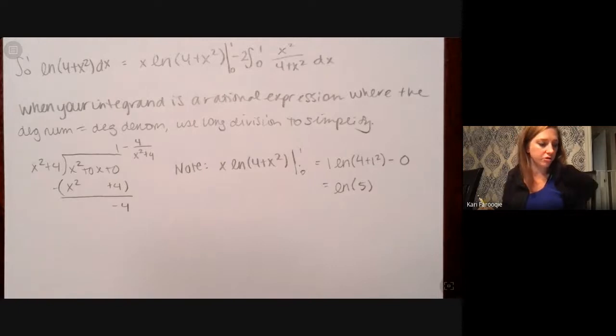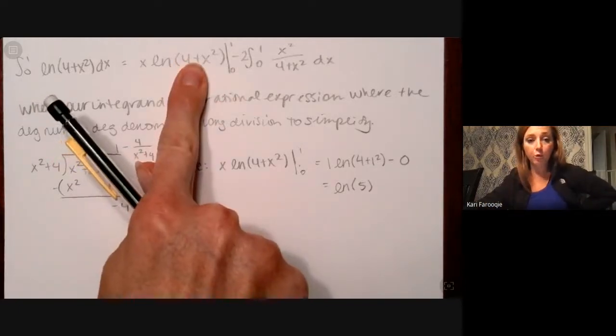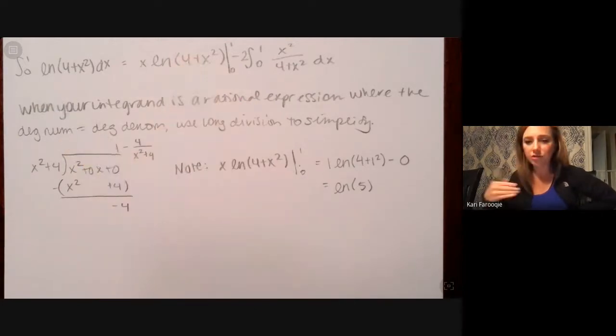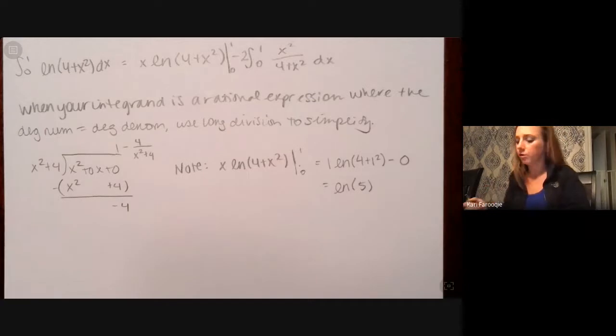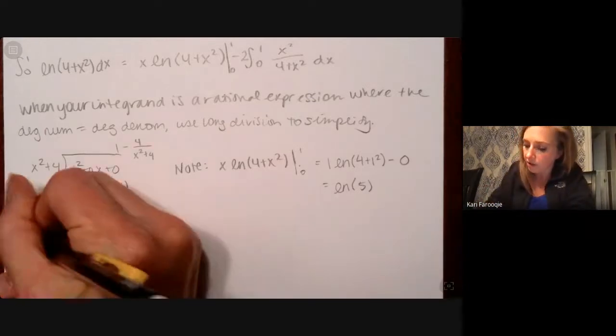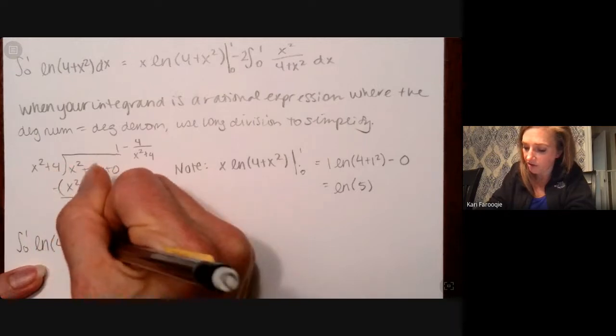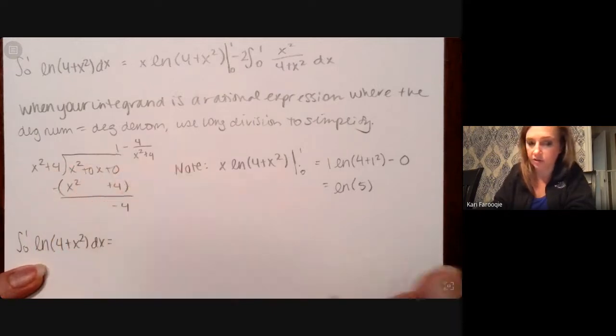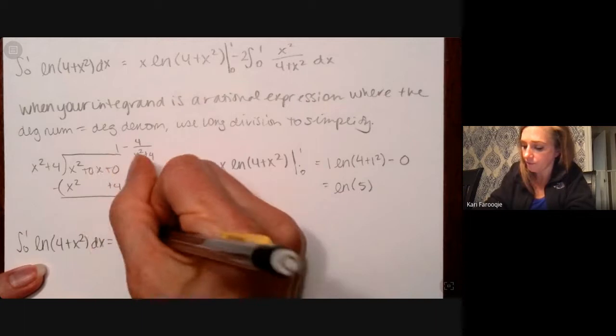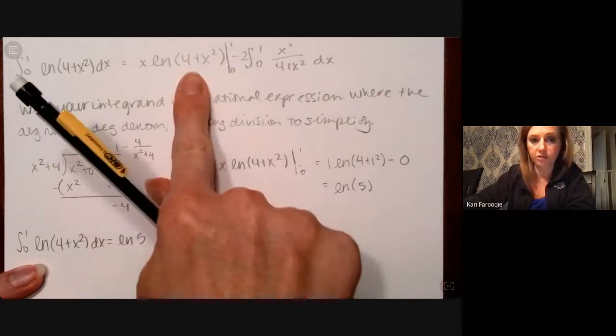So we have the natural log of 5. So I'm just going to replace this now when we see this next in our integral with just the natural log of 5. It's just less that we'll have to worry about later. So we now have the integral from 0 to 1 of ln of 4 plus x squared dx is ln 5, which we obtained from this quantity.